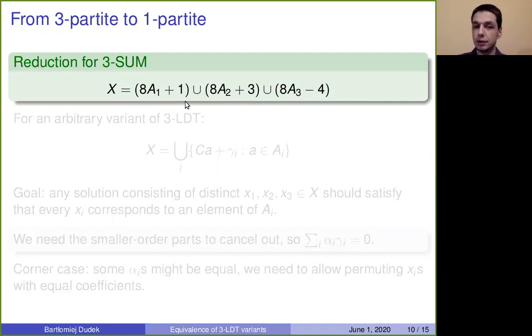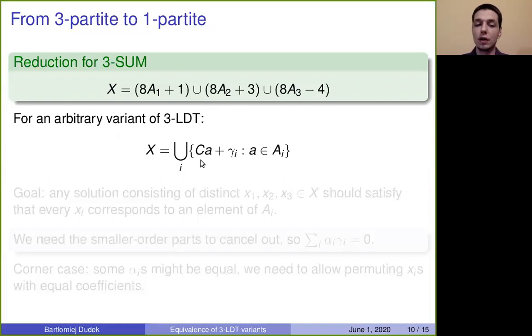Because 1, 3, and 4 are chosen in such a way that you cannot take 2 or 3 elements from one set and still obtain a number that is divisible by 8. And clearly 0 would have to be divisible by 8. But this is a reduction for 3SUM, and it doesn't necessarily work for different variants of 3LDT, but we will try to find something similar.